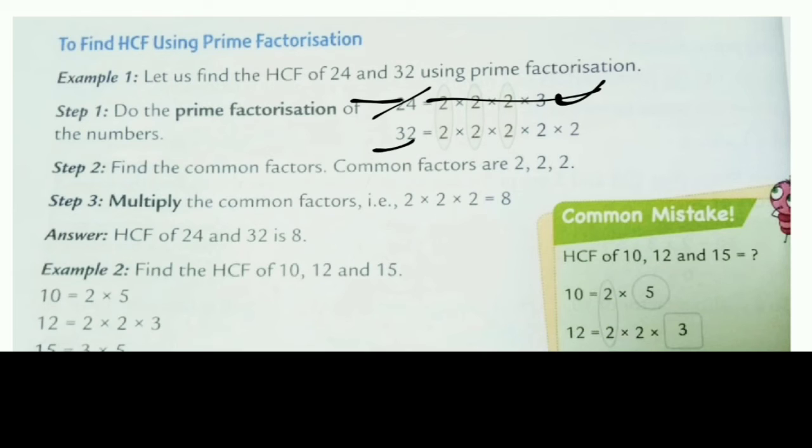And this 32, how will we write? 2 into 2 into 2 into 2 into 2. Clear? So in this one, these three are common. It means 2, 2 and 2. After this we will multiply them. So the answer will come 8. So HCF of 24 and 32 is 8.